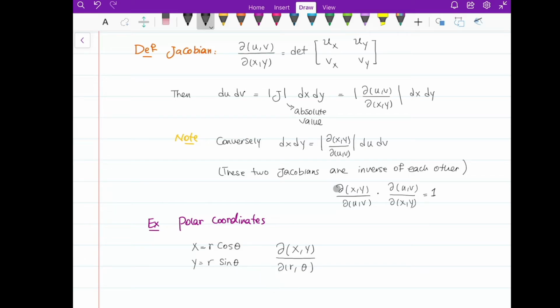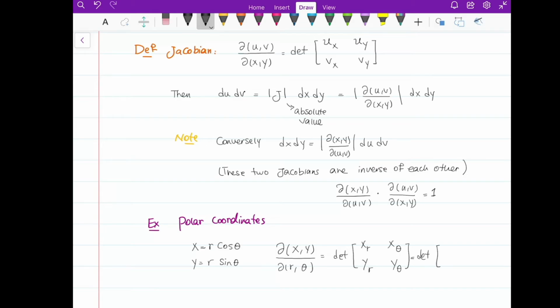The Jacobian is the determinant of this matrix: x with respect to r, x with respect to theta, y with respect to r, y with respect to theta.